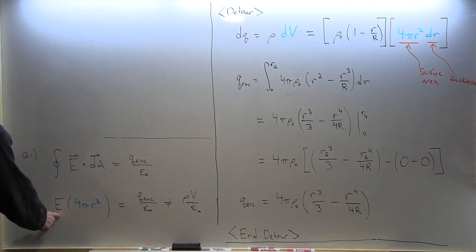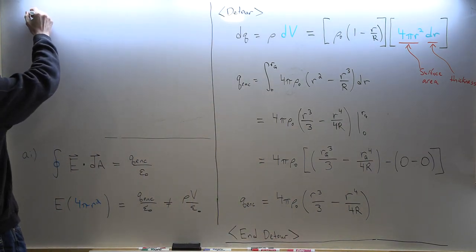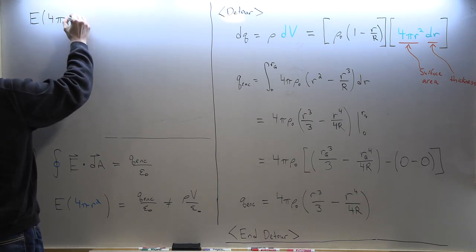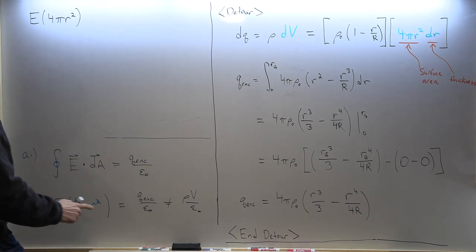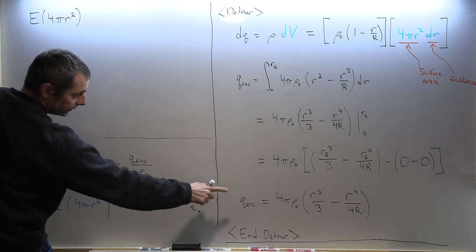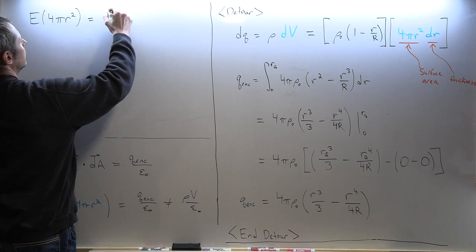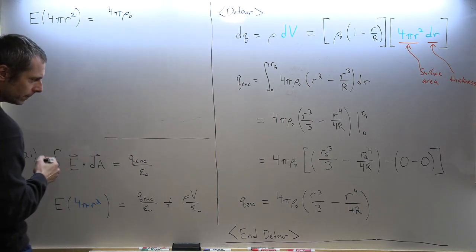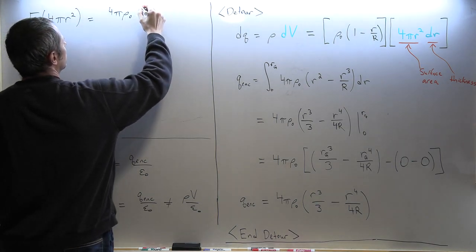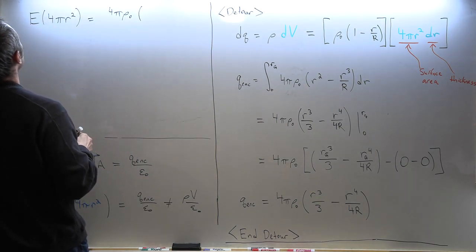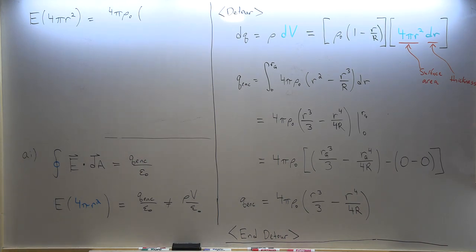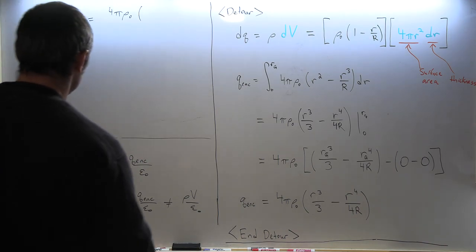And so I have right here E times 4 pi r squared. That part does not change. But the Q enclosed is that expression. You know, let me see if that's visible. Looks like it's a little bit too much in the light.